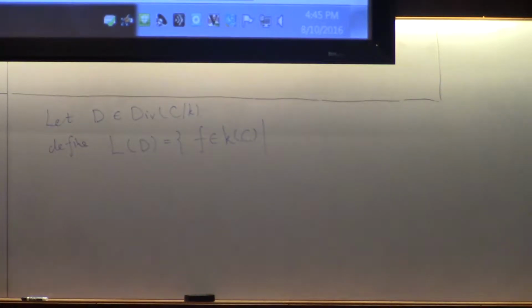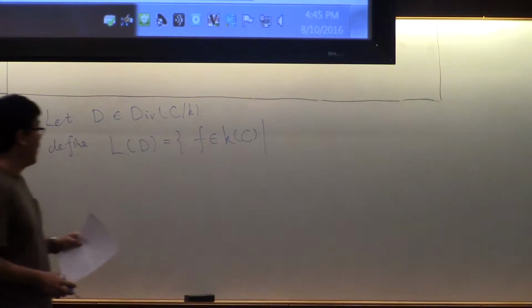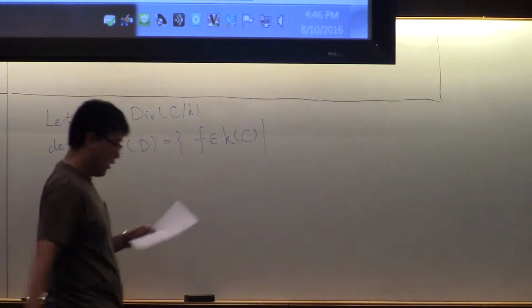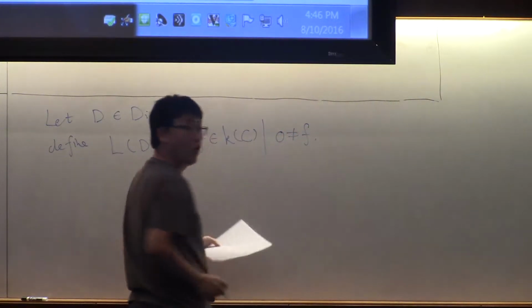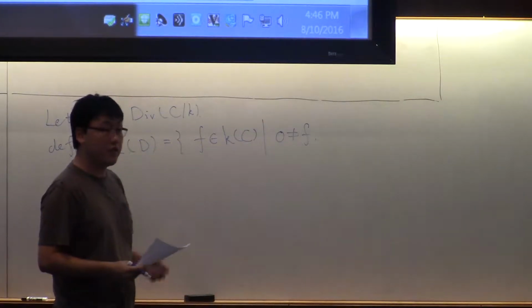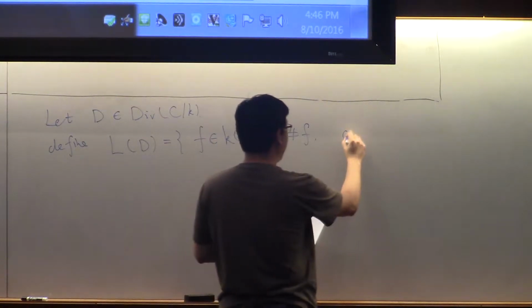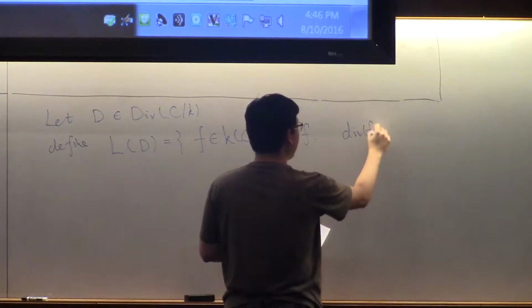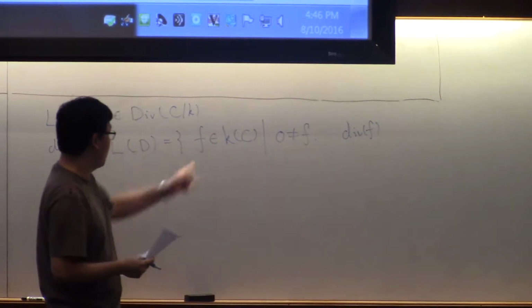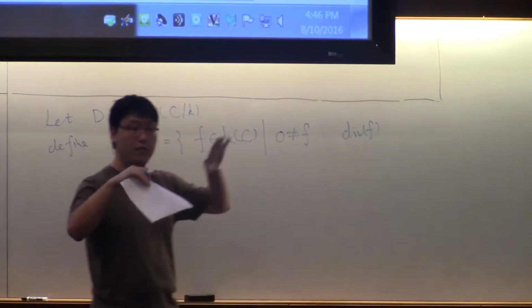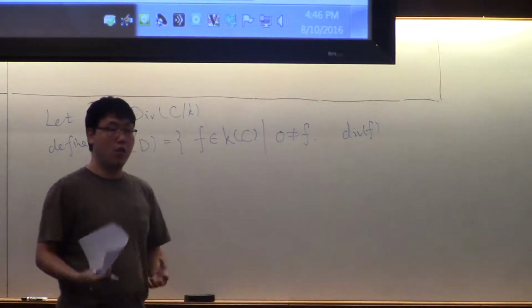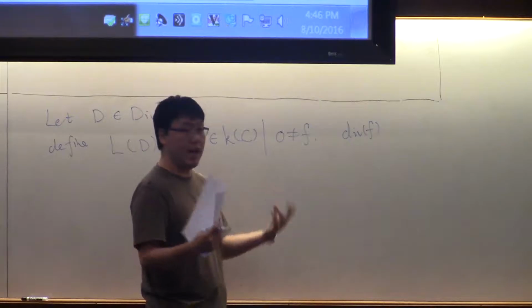So this L(D) is all the non-zero rational functions on the curve C with the property that if you take the principal divisor associated to this rational function, we recall you just take all the zeros and take all the poles and add them together.